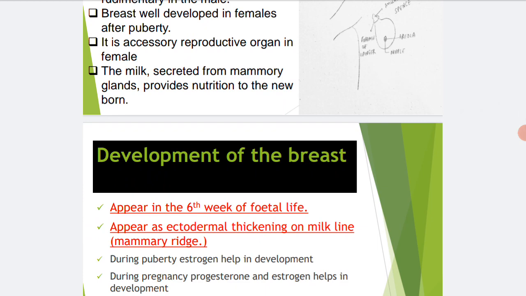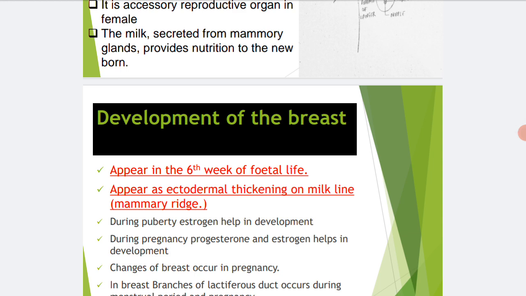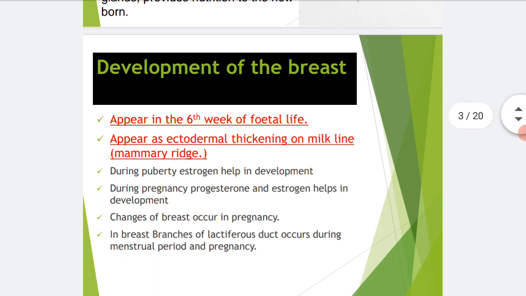How does breast development occur? The breast appears in the sixth week of fetal life, meaning intrauterine life, as an ectodermal thickening on the milk line at the mammary ridge. During puberty, estrogen helps in development, and during pregnancy, progesterone and estrogen help in development.